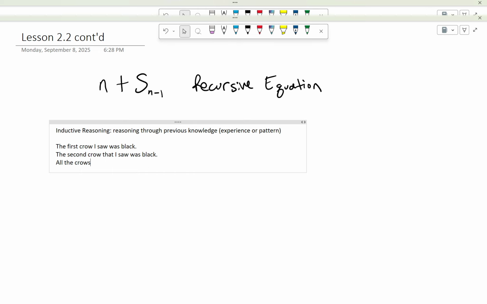All the crows that I've ever seen are black. Therefore, all crows are black. Now, this is a pretty reasonable conclusion that we can come to, right? I mean, think about this. We think all crows are black because we've never seen anything else.